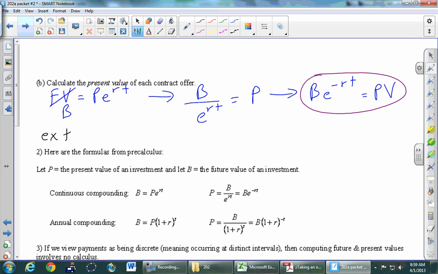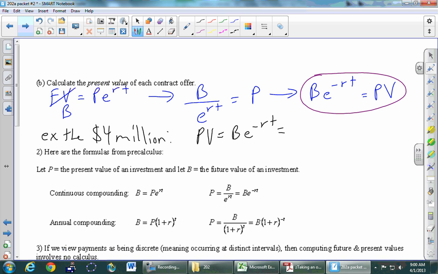So for example, the 4 million is the only 4 in the table. So we use our formula here. It says PV is equal to BE to the minus RT. B is what we're calling the future value for some reason.